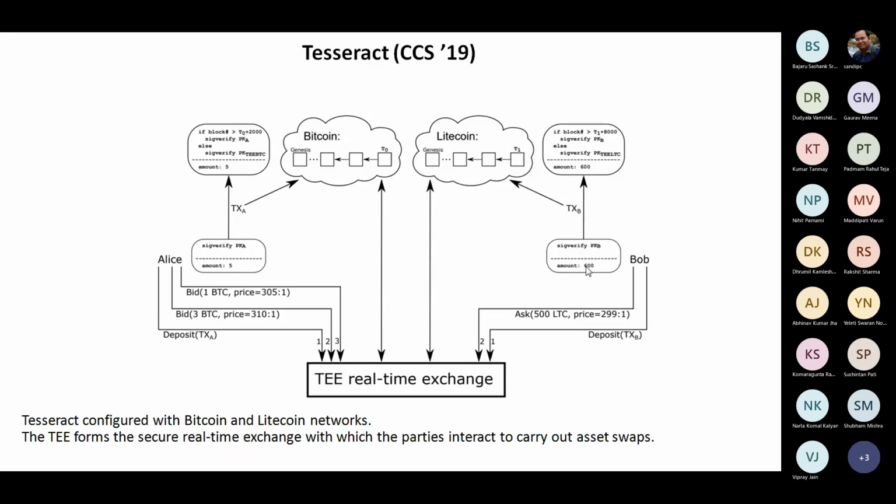So it means that Alice, once she has deposited these 5 bitcoins, cannot now take them back. This is adding those bitcoins, or these Litecoins, to the Tesseract exchange.